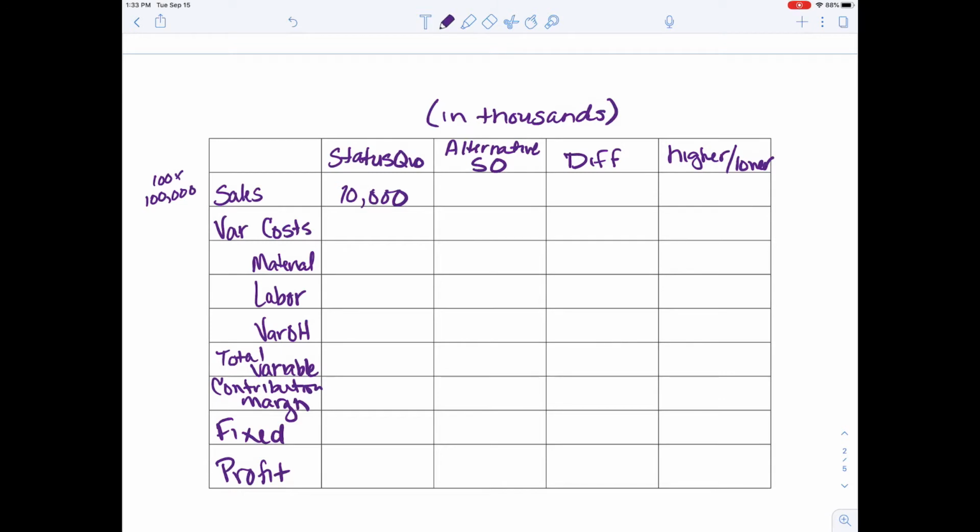Now my alternative, just in our sales for right now, would add an additional 7,500 times only those $60 per unit. This part gives me my sales for the alternative, which would add another 450,000. So 10,450, giving me a difference of 450, which is higher.